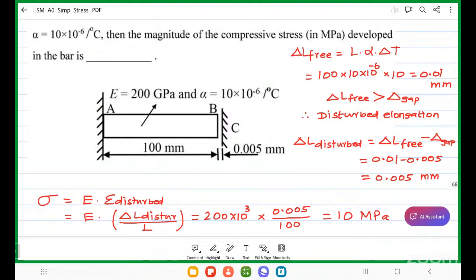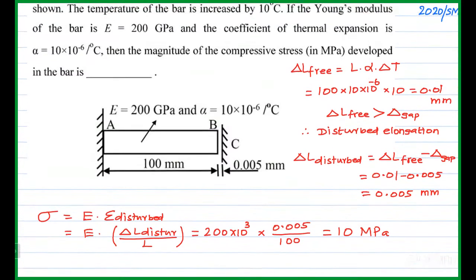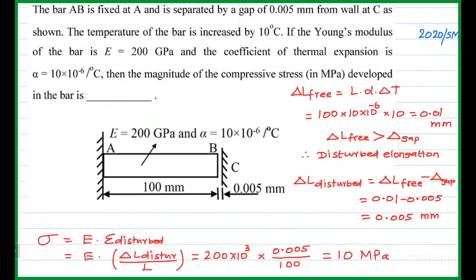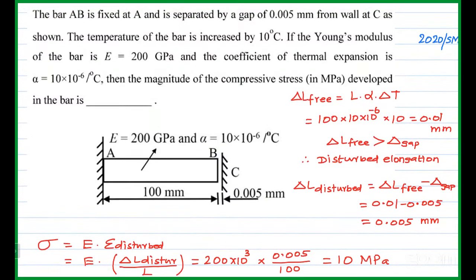Then we have to check with the gap. If the del L free is greater than gap, then we can say it is disturbed. Then calculate the disturbed del L, calculate the corresponding strain, calculate the corresponding stress. Very good.